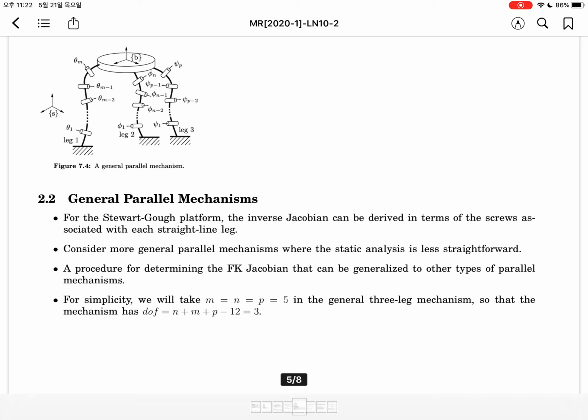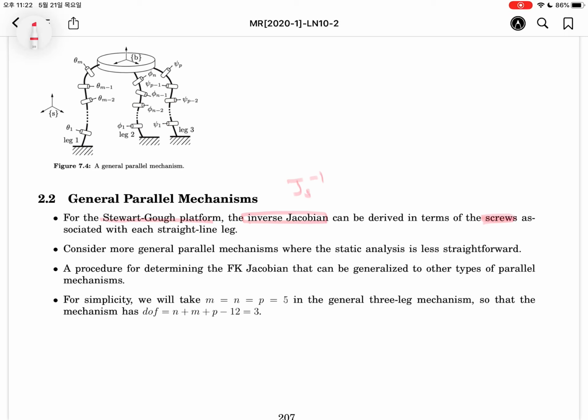Okay, let's extend this concept to the general parallel mechanism. Till now, the screw of the platform, the inverse Jacobian, the inverse matrix of the space Jacobian of the pole kinematics, is written as a short form, inverse Jacobian. So JS inverse can be derived in terms of the screw.